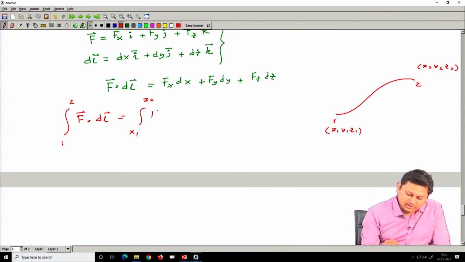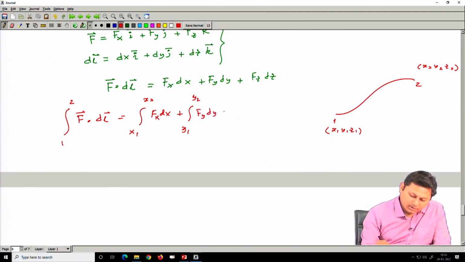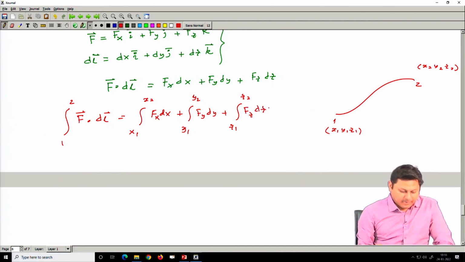Then the integration should be executed this way: the integral of Fx dx, then y1 to y2 of Fy dy, plus z1 to z2 of Fz dz. This is the way we calculate the line integral.